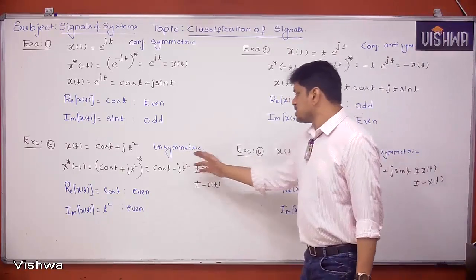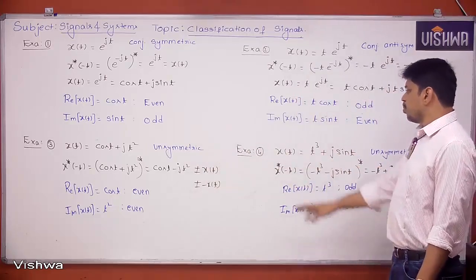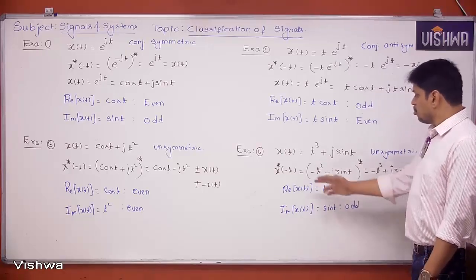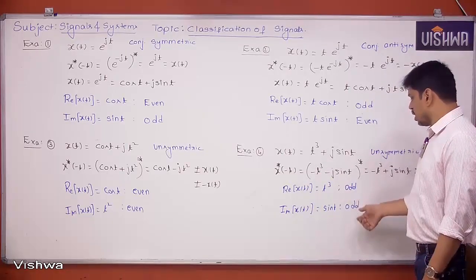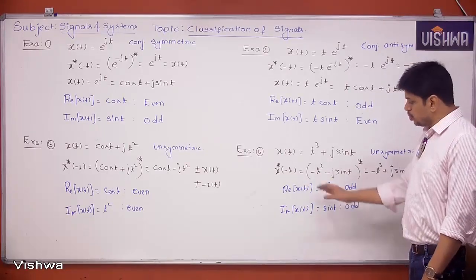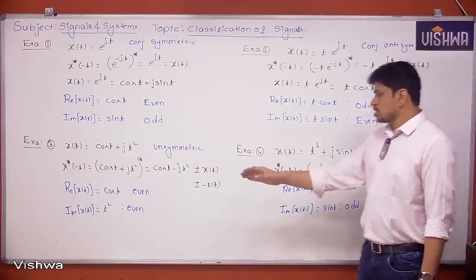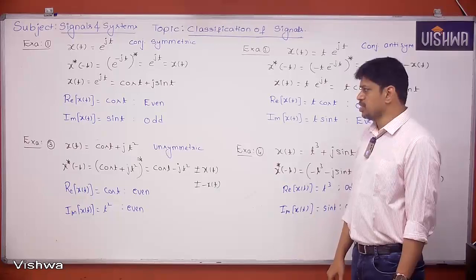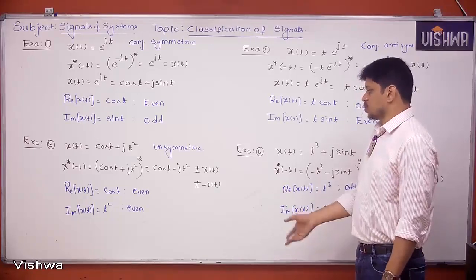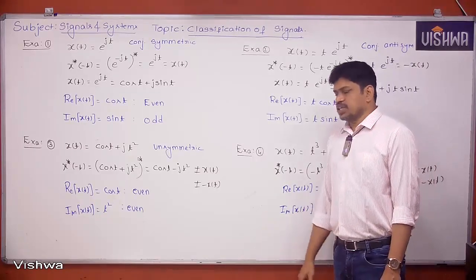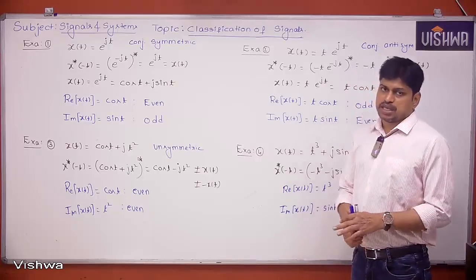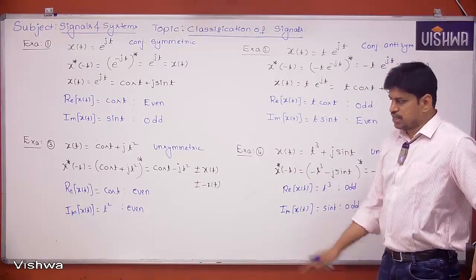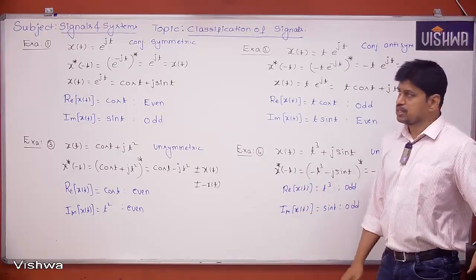If it is unsymmetric, then both real part and imaginary part are either even, or both are odd. So both have to be odd or both have to be even, then we can say that it is unsymmetric. This is very important. So many PSUs ask this question. In a complex signal, if real part is even, imaginary part is also even, then what kind of symmetry does it exhibit? It won't exhibit any symmetry, that is an unsymmetric signal. Okay, take it.